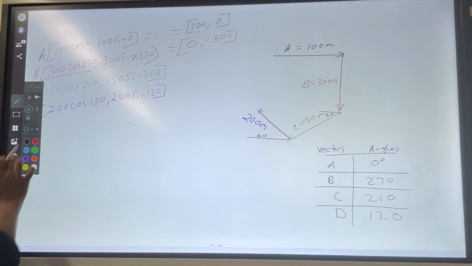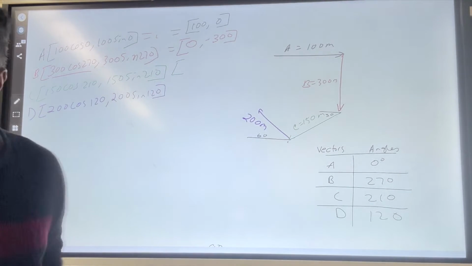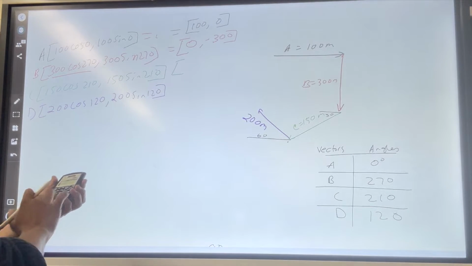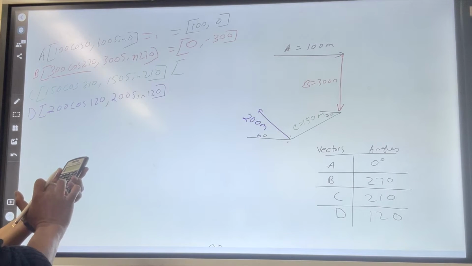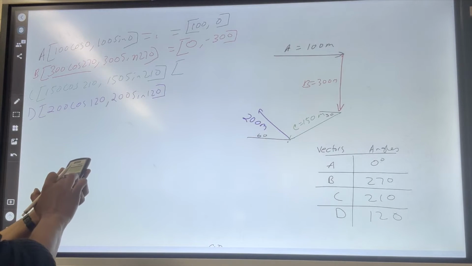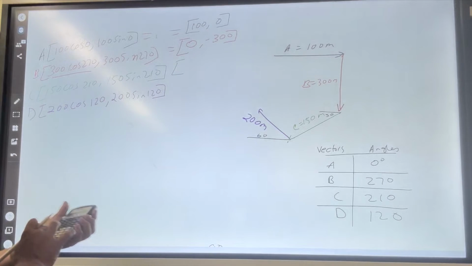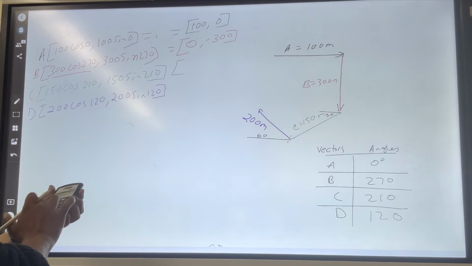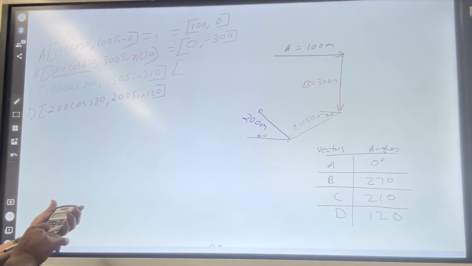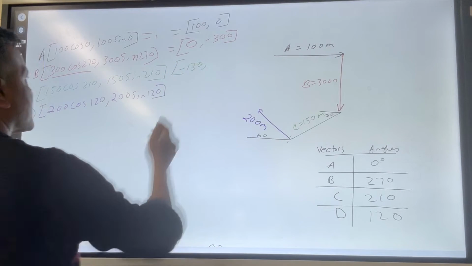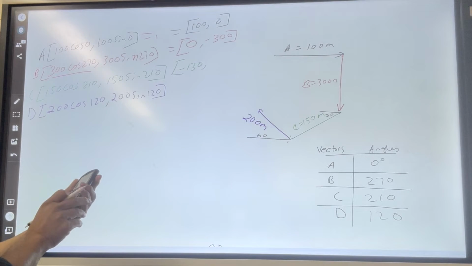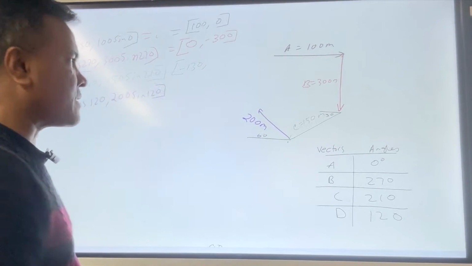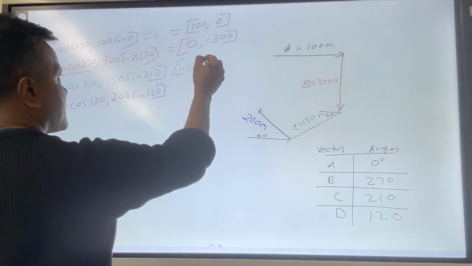Vector C is 150 cosine 210, that is negative 130, and 150 sine 210, that is negative 75.